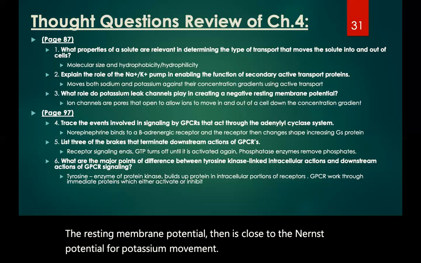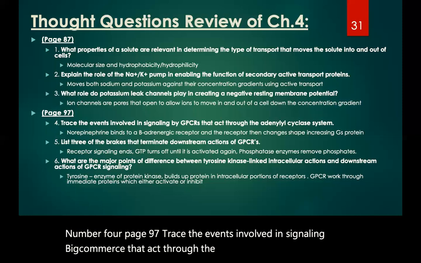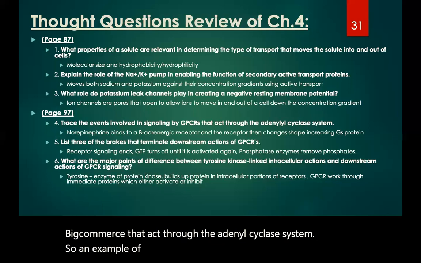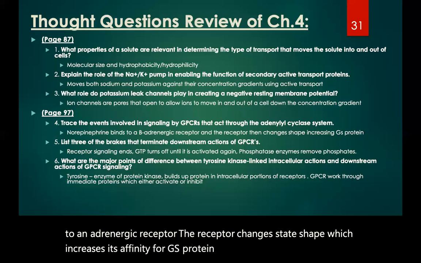Number 4, page 97. Trace the events involved in signaling by GPCRs that act through the adenyl cyclase system. So an example of this signaling occurs when norepinephrine binds to an adrenergic receptor. The receptor changes shape, which increases its affinity for Gs protein. The G protein is made up of alpha, beta, and gamma components.